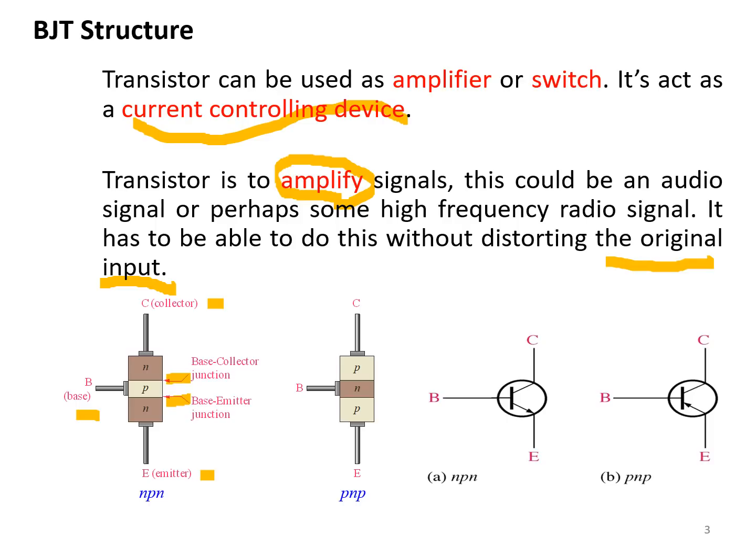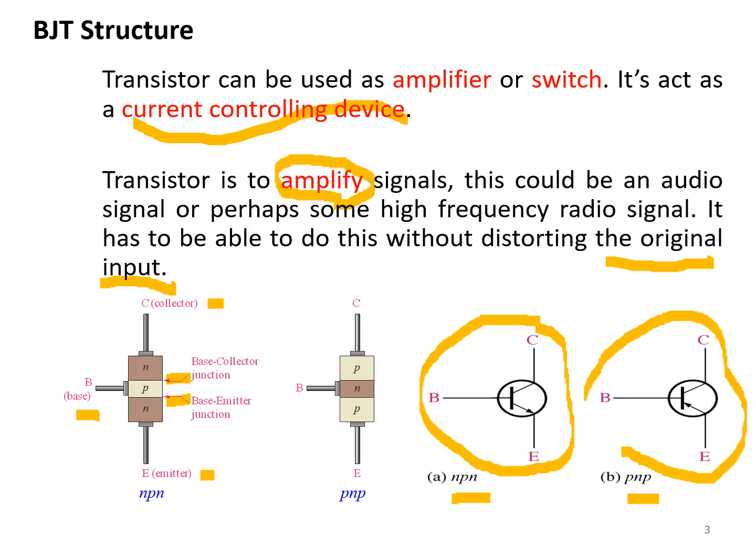There are two types of BJT, which are NPN transistor and PNP transistor. So this is how we use the symbols to represent NPN transistor and PNP transistor. However, in this chapter, we will analyze more for NPN transistor.